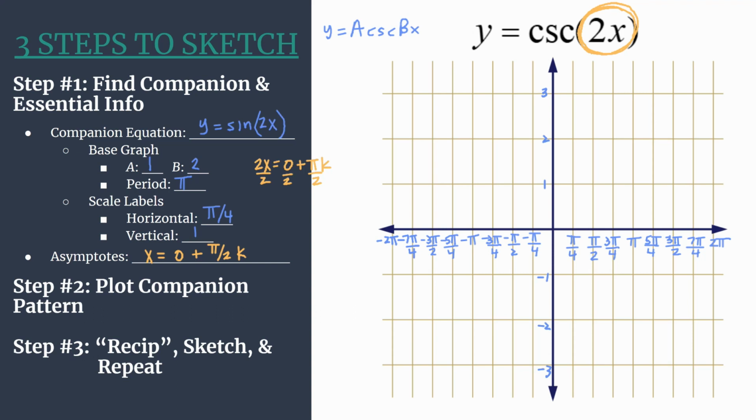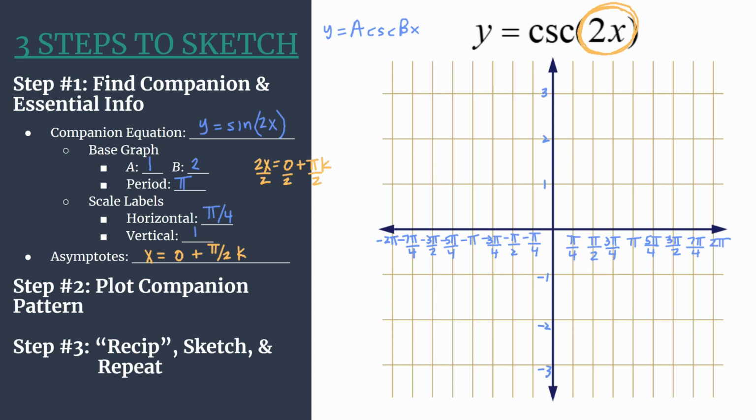For example, if you let k equal 0, there should be an asymptote on our final graph at x equals 0, or on the y-axis. Let k equal 1, we should have an asymptote at pi over 2. Let k equal 2, you should have another asymptote at pi. You can let k be negative 1, there should be one at negative pi over 2. Hopefully that helps you see how this works. It's a really concise way of representing all the asymptotes of a graph in one equation.